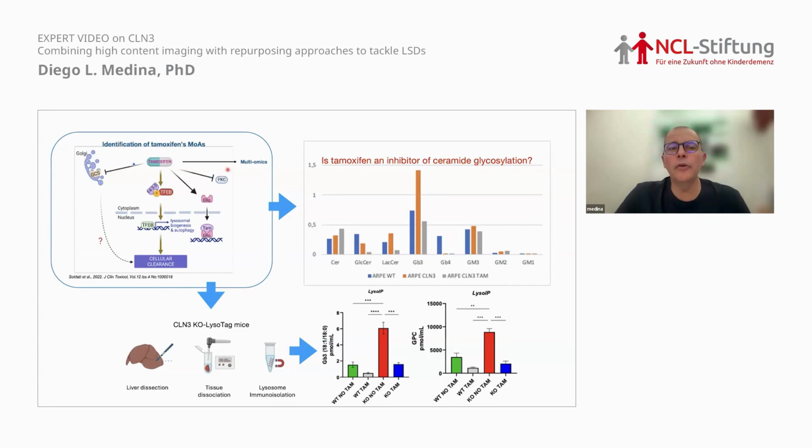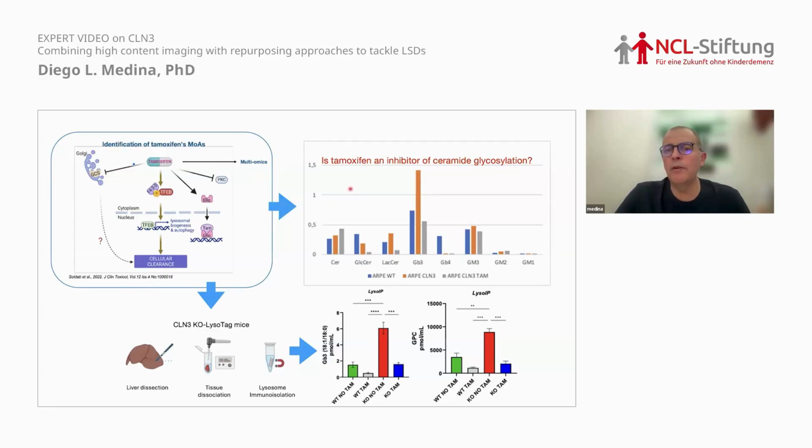And then we would also like to perform a multiomics approach in order to identify potential off targets of tamoxifen that could be beneficial for the effects that we identified in the previous experiment.